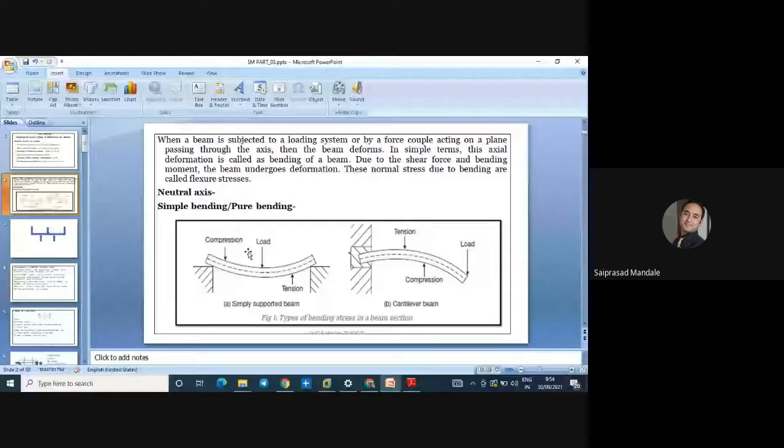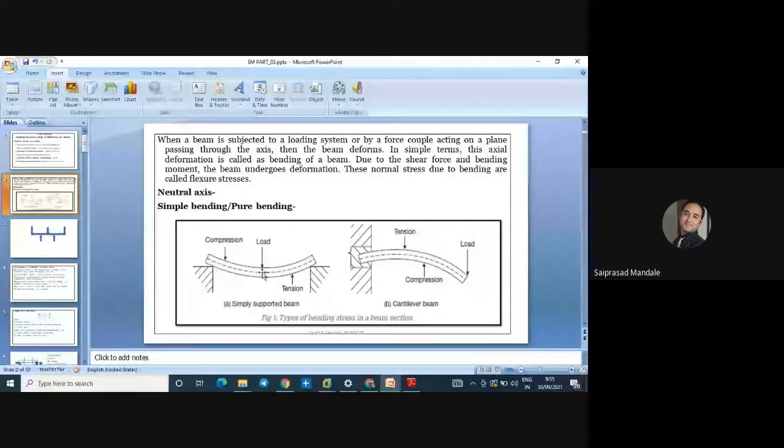It is subjected to compression, and the bottom layer is subjected to tension. The intensity of the compression from top to the neutral axis is going to be reduced layer by layer. If there are n number of layers, it will reduce from the top layer to the neutral axis. Similarly, the intensity of the tension is reduced from the bottom layer to the neutral axis.